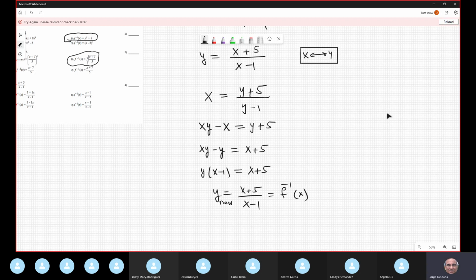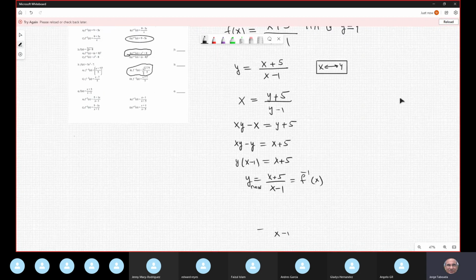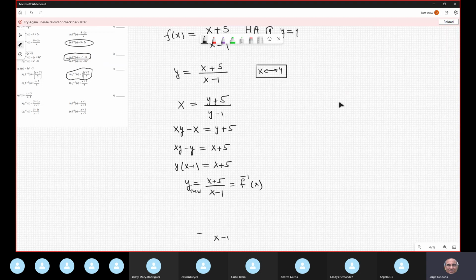Okay. Notice that in this new function, let me investigate by curiosity what the vertical asymptote and the horizontal asymptote are in this new one, the inverse function. What do you think about the vertical asymptote?